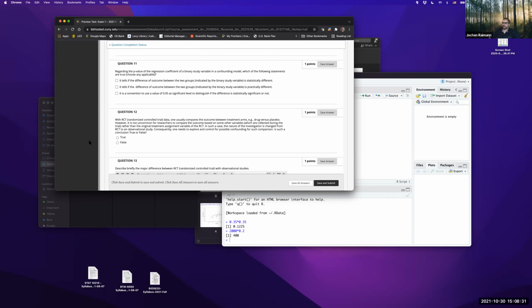But what happens here is, it is not uncommon for researchers to compare the outcome based on some other variables which are collected during the trial, rather than the original treatment assignment variable of the RCT. In such a case, the nature of the investigation is changed from RCT to an observational study, because you're taking the randomization out to some extent, right? Consequently, one needs to explore and control for possible confounding for such comparisons.